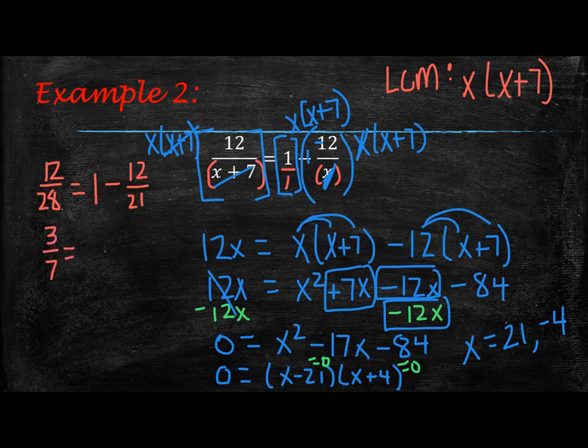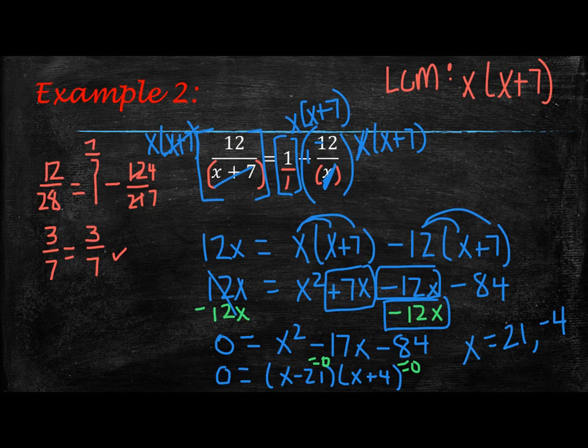And 12 over 21 can both be divided by 3, so that would be 4/7. And then 1, if I convert that to 7 over 7, 7 over 7 minus 4/7 would be 3/7 as well. So that one checks.